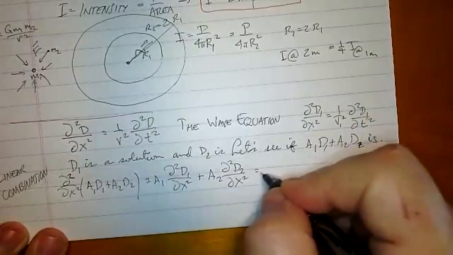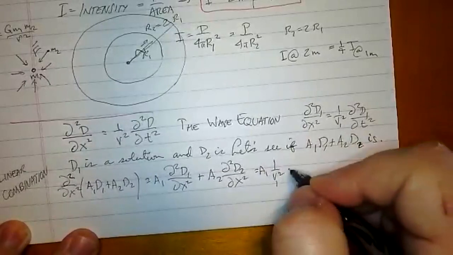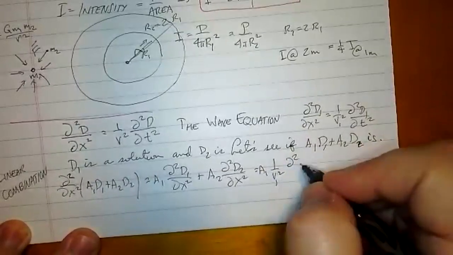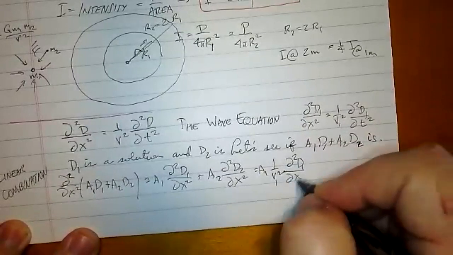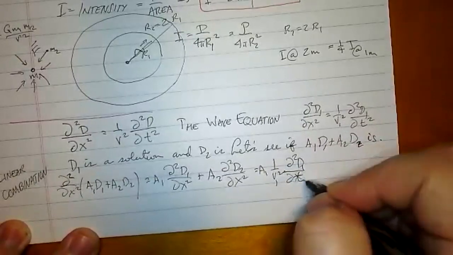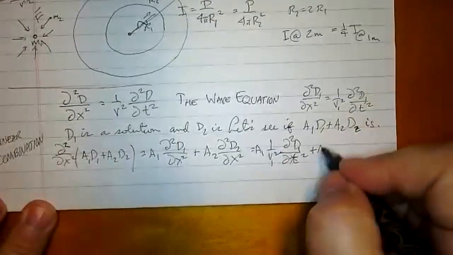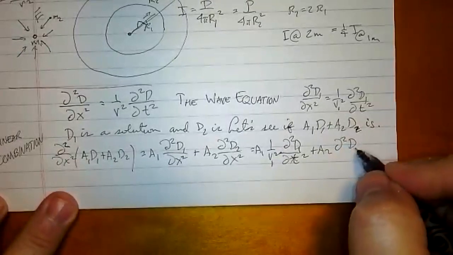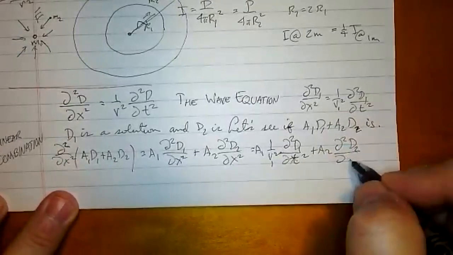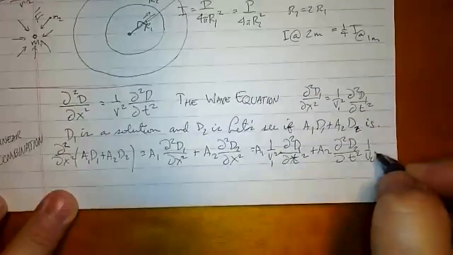So I can replace that and say that's A1 times 1 over V1 squared, second partial of D1 with respect to time squared. Similarly, the other one's going to be A2 times the second partial of D2 with respect to t squared. Oops, and I left the 1 over V2 squared off.